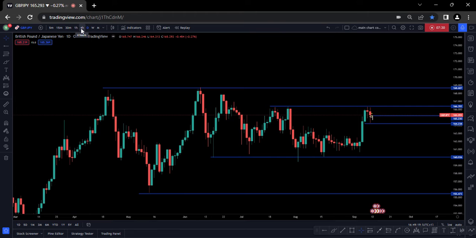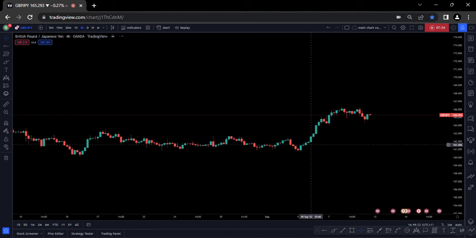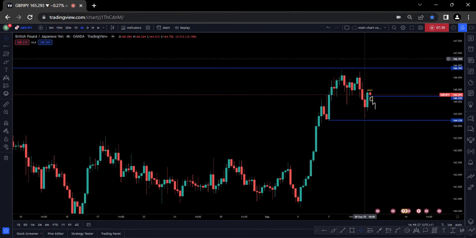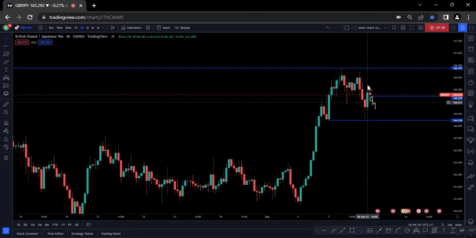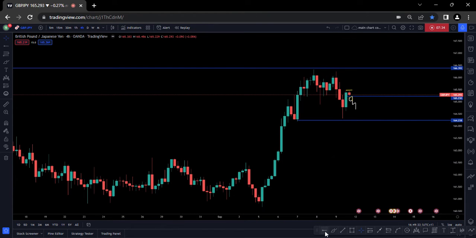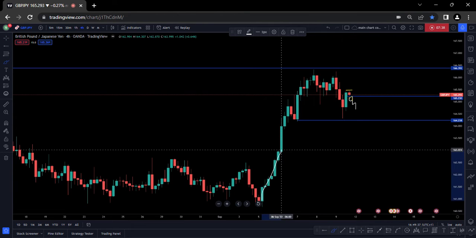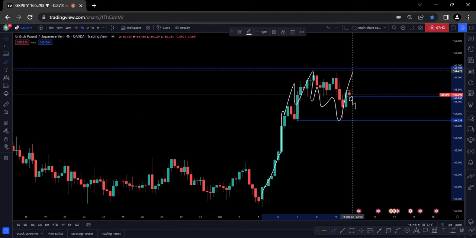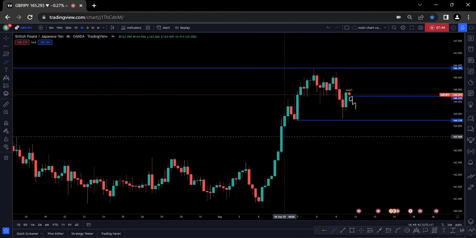So let's dive into the 4 hour time frame. You can see this important area, the formation of a double top. In recent weeks, it has been moving so massively, impulsively.